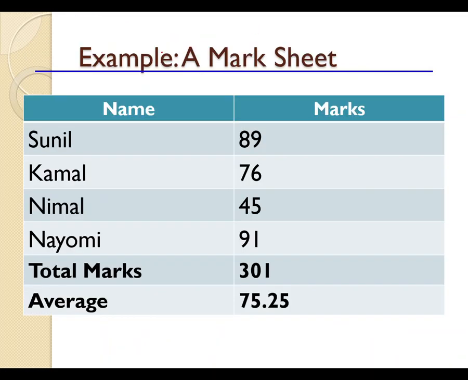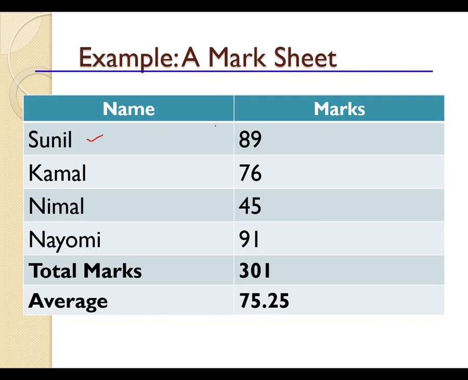Right. Then the next point, example, a mark sheet. Now we are going to go for an explanation, an example behind data as well as information. Now whenever we consider a mark sheet, here we have names of the people.